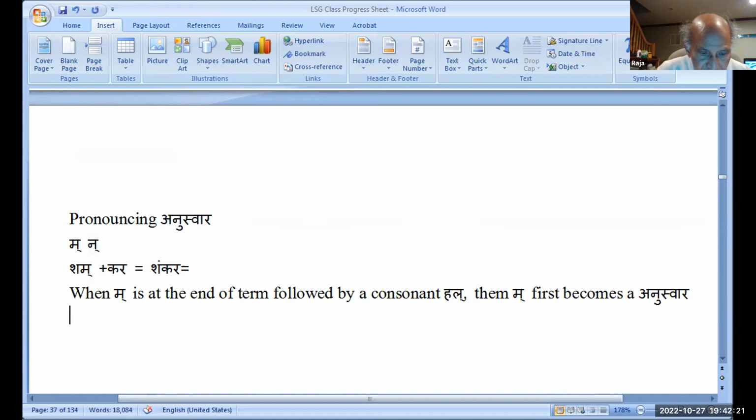Second step: the Anuswara is a dot. That part is okay. How do you pronounce that?